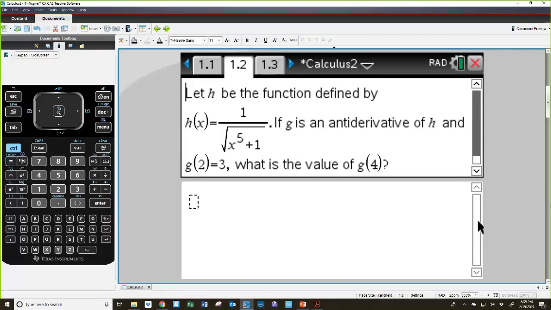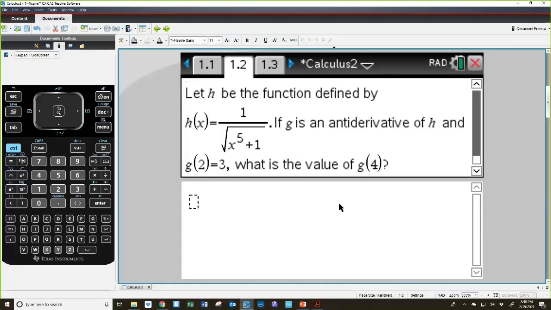One of the mistakes students make is they think they can take an antiderivative of h of x, so they find a g of x plus c, and then they want to substitute the 2 and the 3 to find c. Well, unfortunately, that's going to be sort of hard to do for the students. And these kinds of functions are created in this special way so that we are telling the kids, you need to know how to use your calculator to do this.